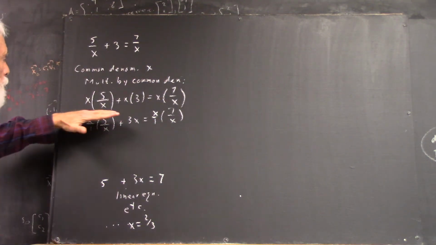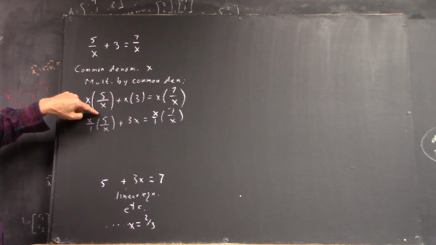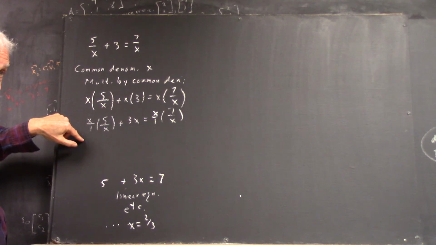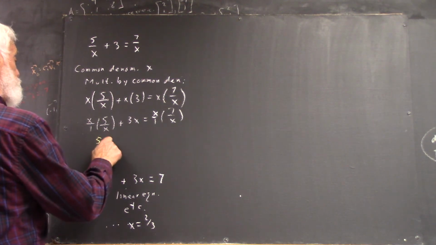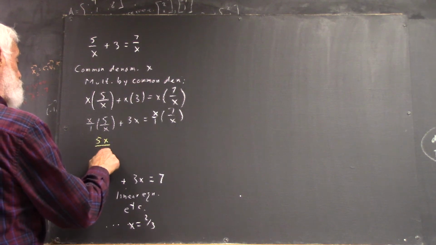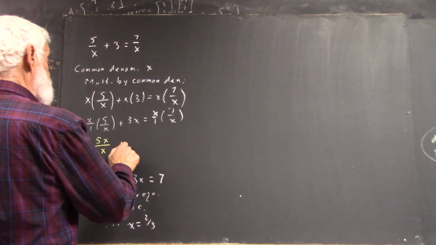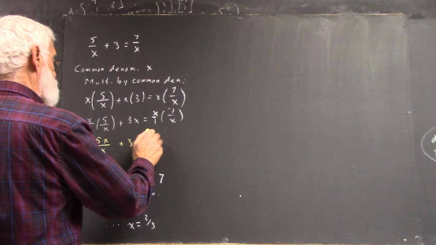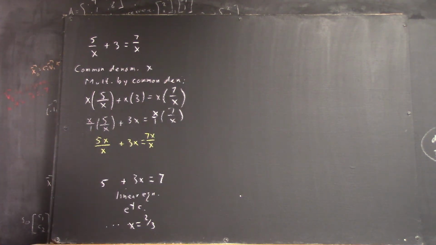First of all, you see why we write it this way, because 5 over x is a fraction. We want to multiply a fraction by a fraction. And to multiply a fraction by a fraction, multiply the numerators, multiply the denominators, right? So we got that, right?